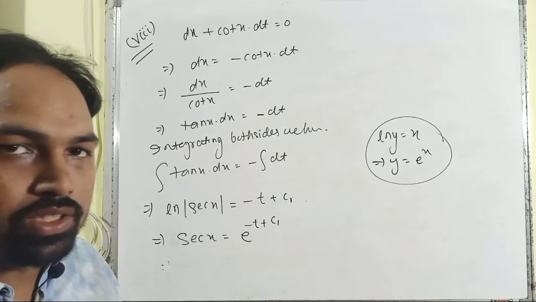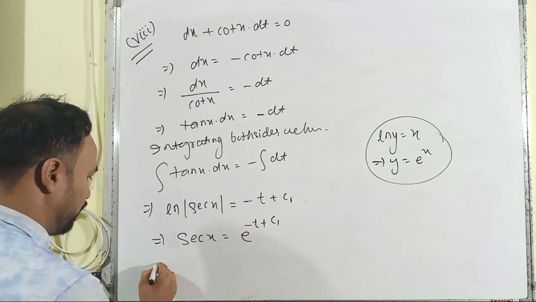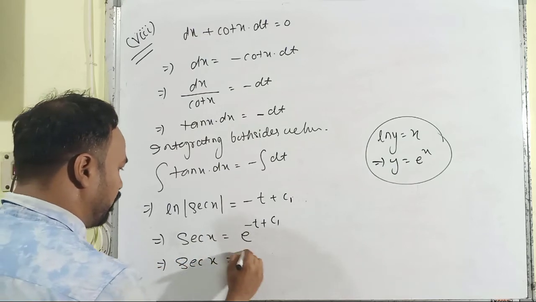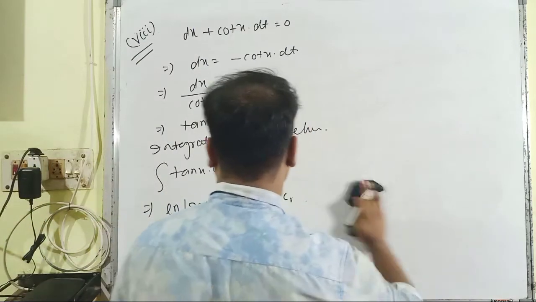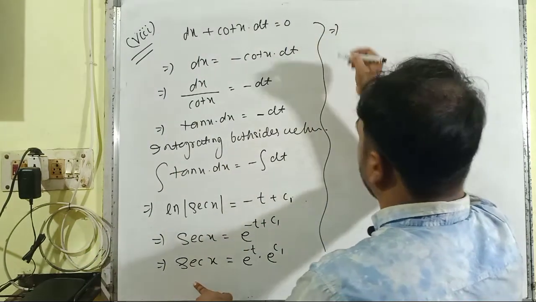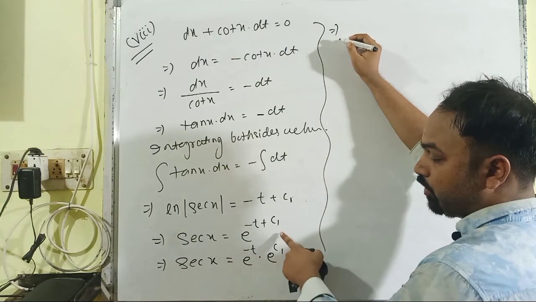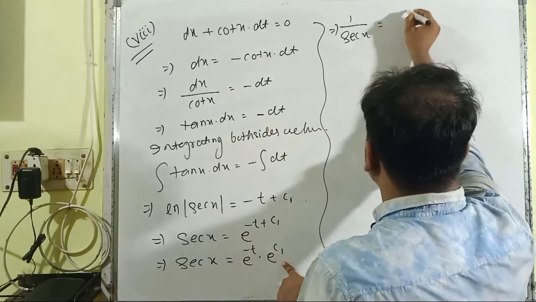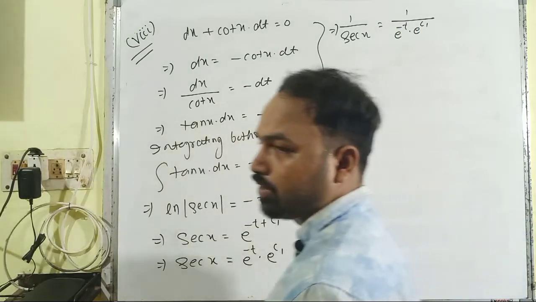That means you can take c1, c2, c square, c1 by 2. So after this step, sec x is equal to e to the power minus t multiplied with e to the power c1. If sec x is equal to e to the power minus t multiplied with e to the power c1, then 1 upon sec x will be 1 upon e to the power minus t multiplied with e to the power c1.